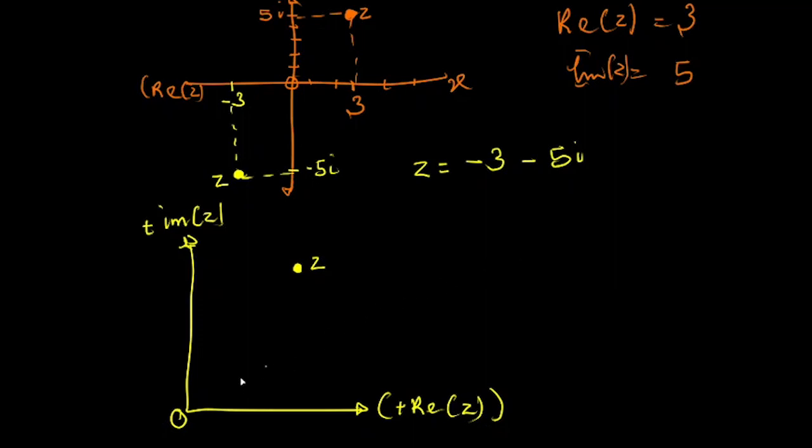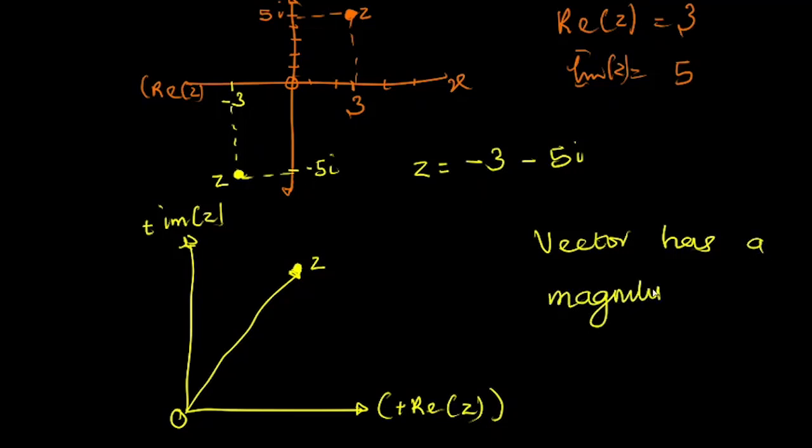Polar form requires, number one, that you draw a line from your origin to the complex number, so that your complex number is now a vector, because a vector, if you remember, has a magnitude and direction. Exactly, a vector has a magnitude and direction.